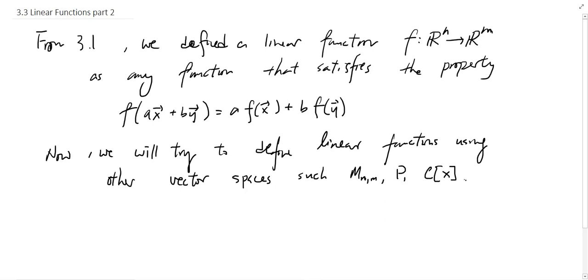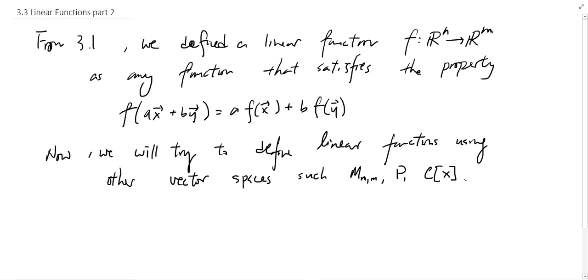So that's the end goal here, to define linear functions not just on vectors from Rn to Rm, but on other objects, such as matrices, polynomials, and continuous functions.